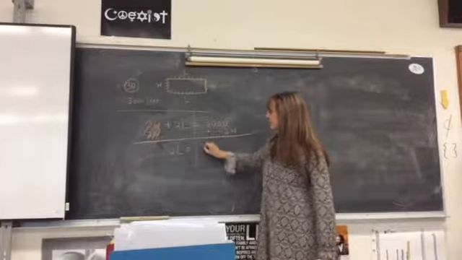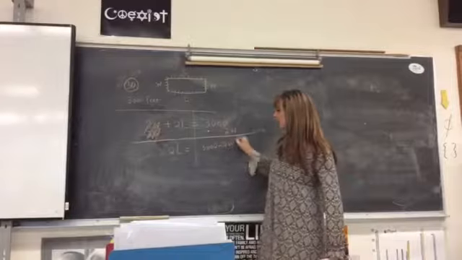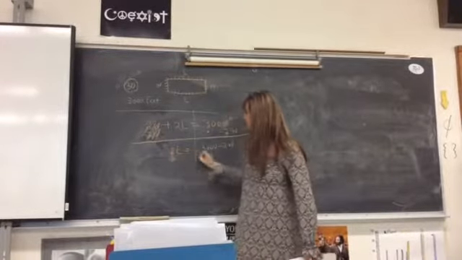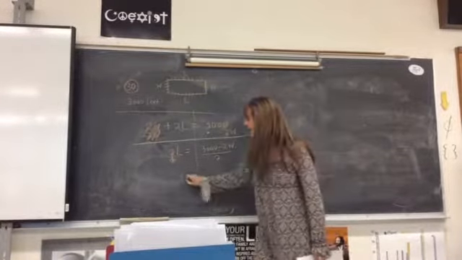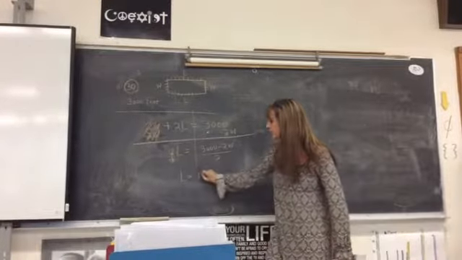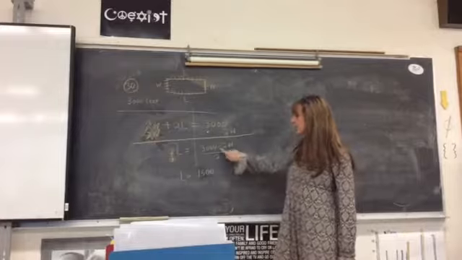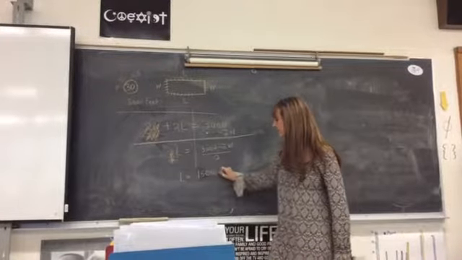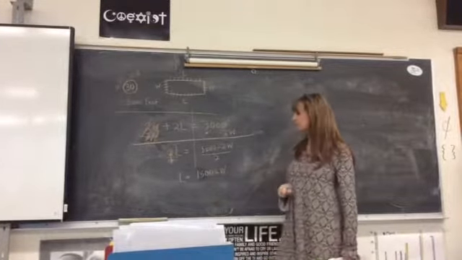That leaves me 3,000 minus 2W, divide by 2, and I have now figured out 3,000 divided by 2 is 1,500, minus 2W divided by 2 is negative 1W.